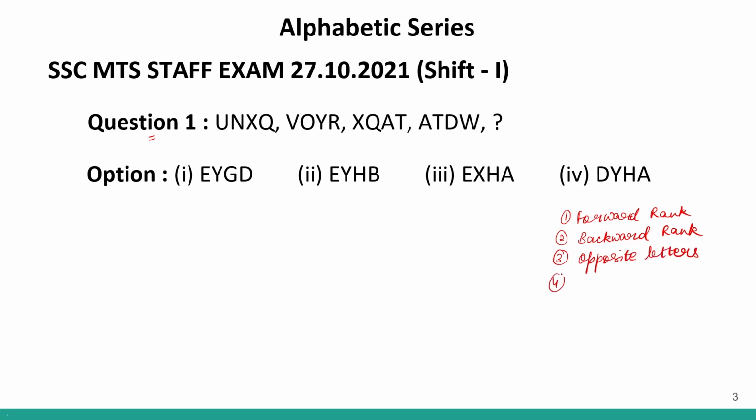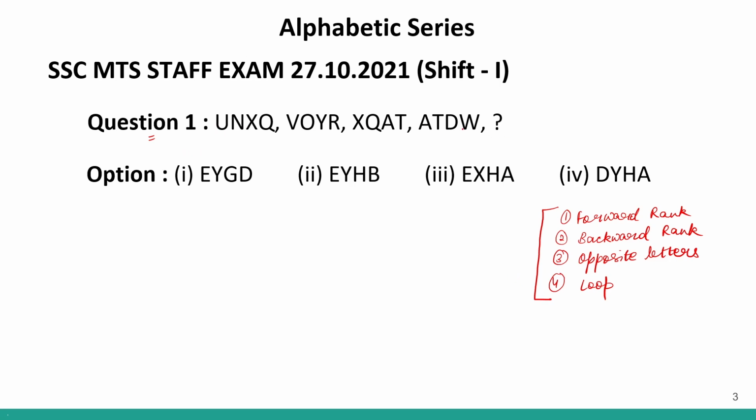And the last concept was of looping. So everything that is related to your coding, decoding, alphabetic series, alphanumeric series, they revolve around these 4 concepts only. Anything that has to deal with your alphabets and your letters. So let us look at this question.